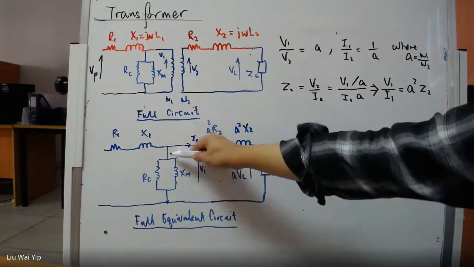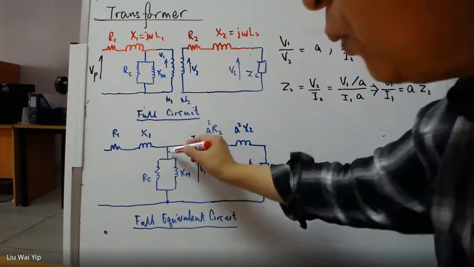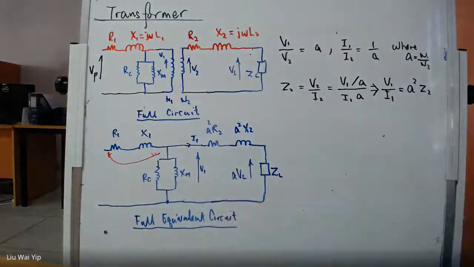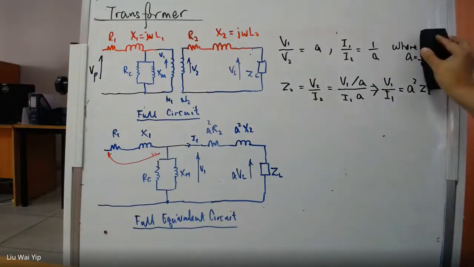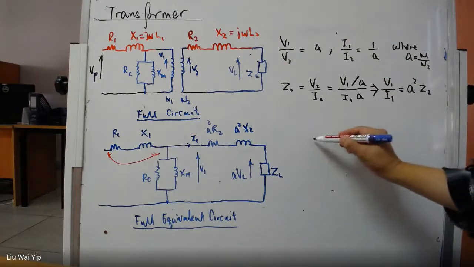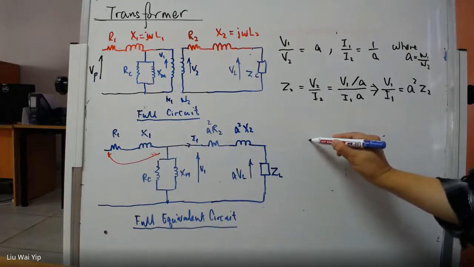It's just a parallel element, so why can't we move this core to here? Because this is a high impedance element, we can just move it there. Then we end up with a so-called approximate equivalent circuit. So what we can do is move it to the entry of the primary.